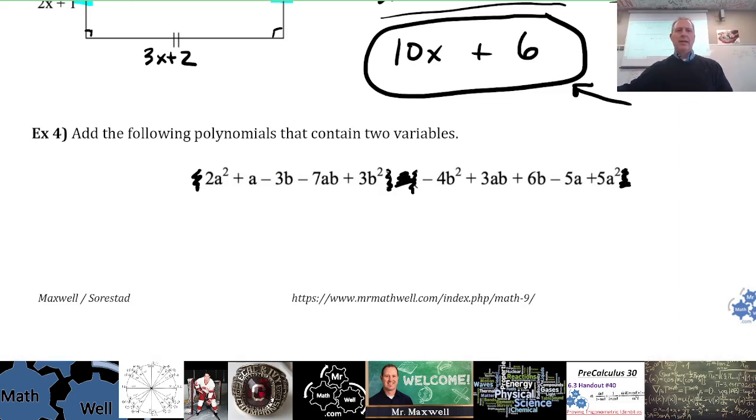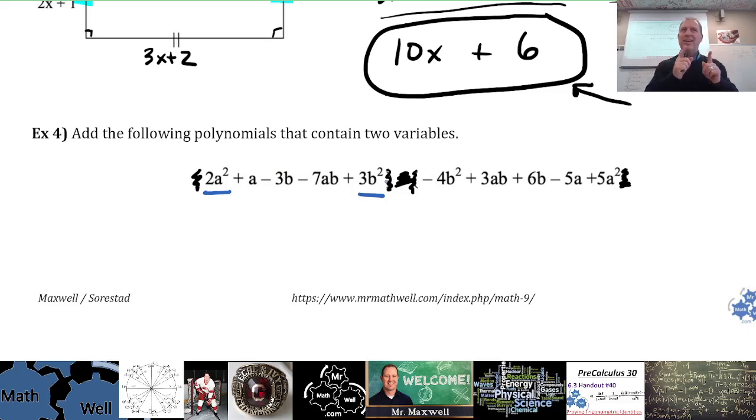And then I'm going to combine like terms. This will be a good like term workout. Where's another term that's like a squared? Do you see another one anywhere? 5a? 3b squared? Those are not like terms, because they don't have exactly the same letter or variable with the same exponent.